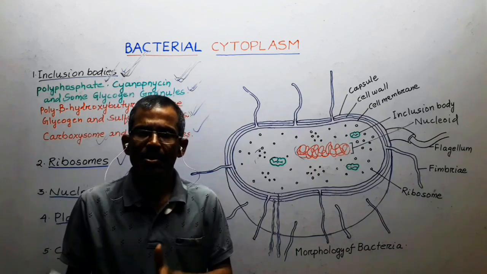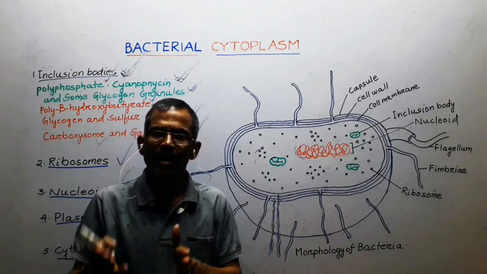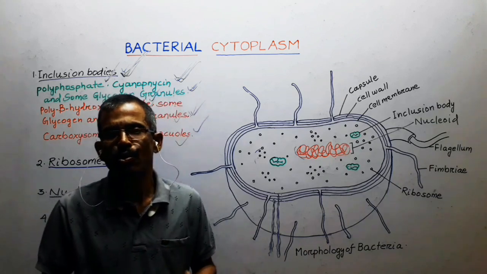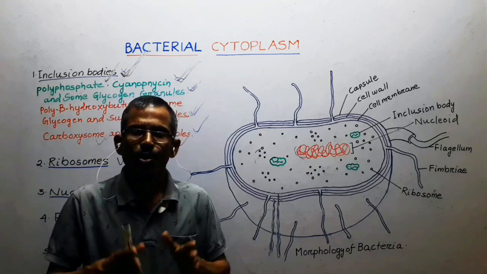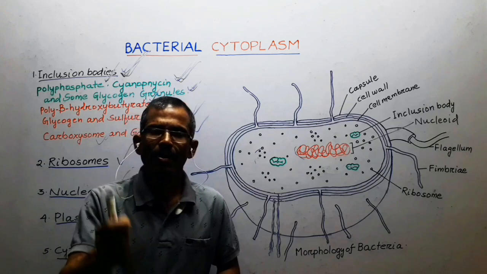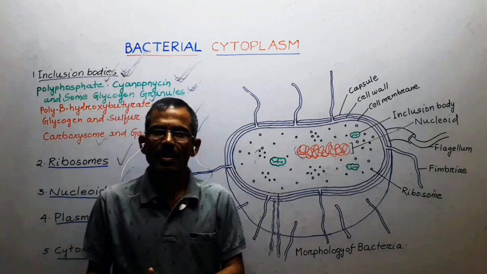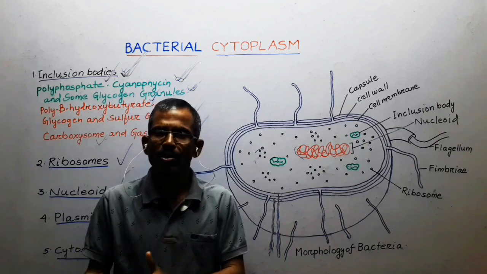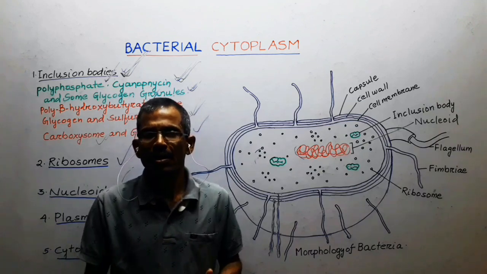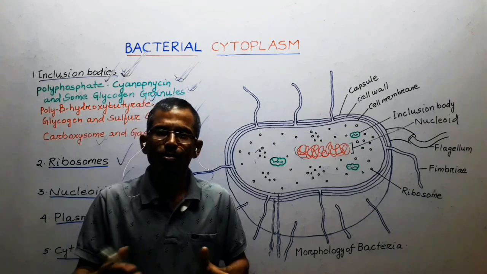The nucleoid consists of 60% DNA, 30% RNA and 10% protein by weight. Most prokaryotes have a single circular double-stranded DNA molecule. Some other bacteria have a linear chromosome, whereas a few others, such as Vibrio cholerae, have more than one chromosome.